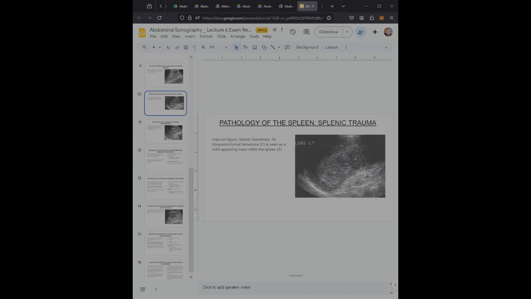Occasionally, a laceration may be noted as an echogenic line within the spleen immediately following trauma. In time, hemorrhagic cysts might develop. So clinically, we're looking for blunt trauma to the left upper quadrant of the spleen, and we're searching for severe left upper quadrant pain and decreased hematocrit.